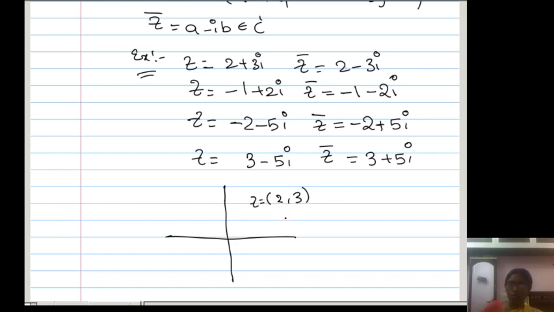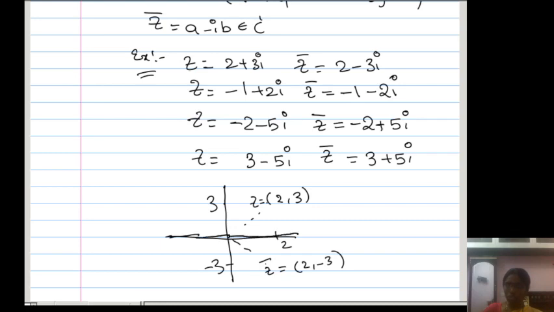Z bar is 2 comma minus 3. So the complex number Z is this, then the complex number Z bar is this. What do you understand here? The conjugate of the complex number is the mirror image.